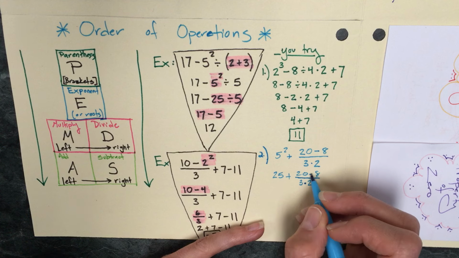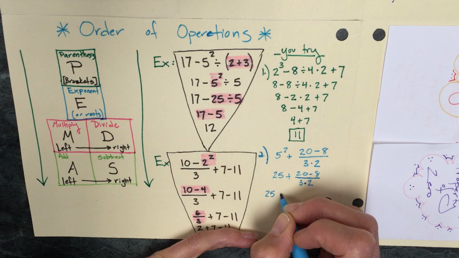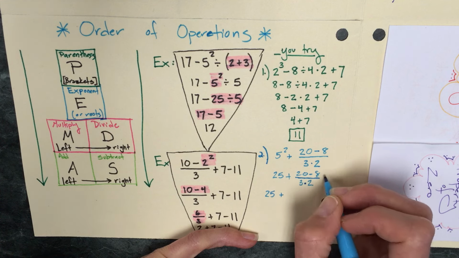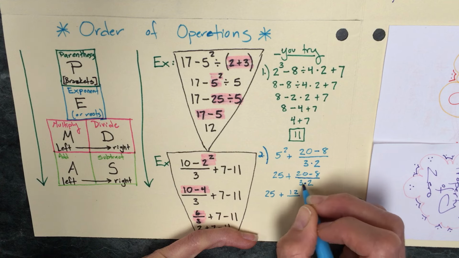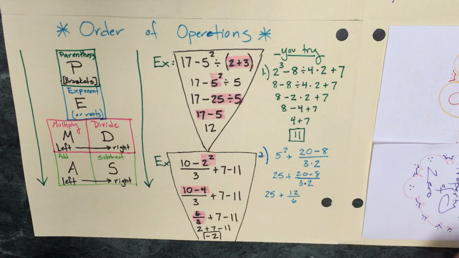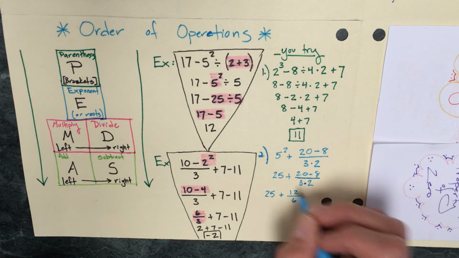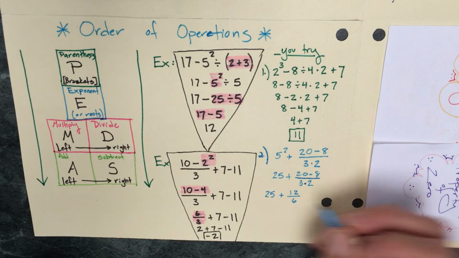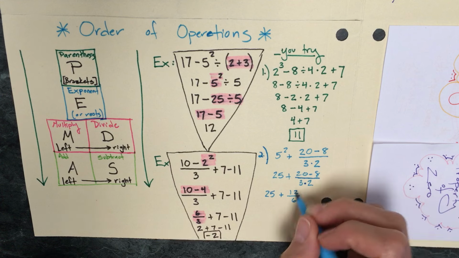So I can get just a number on the top and the bottom. So I rewrite my 25 plus 20 minus 8 is 12. And 3 times 2 is 6. Now that looks much simpler. So if you have the division sign, simplify the top and the bottom so that you can just get two numbers to divide.